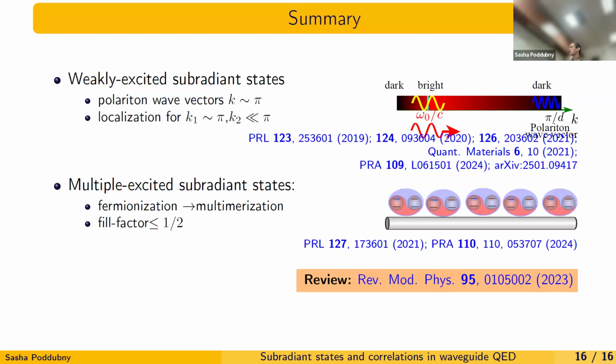Your single excited subradiant states are these running or standing waves. If you have two or several excitations, these waves interact, they can lead to quantum chaos and they can lead to localization. Pay attention to states where one wave vector is large and one is small. And when you have a lot of excitations, you have these dimers. So thank you for your attention.